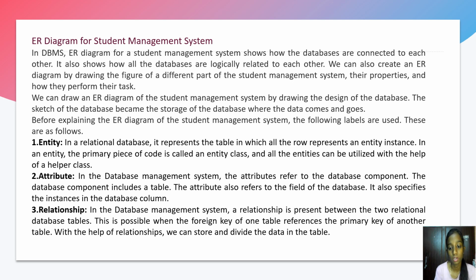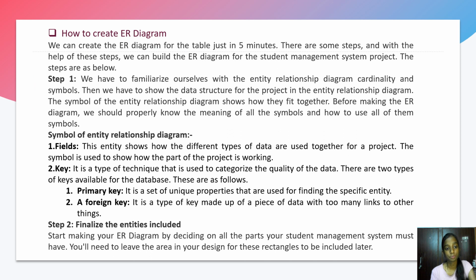An attribute also refers to a field of the database, and it also specifies an instance of a database column. Relationship. In a database system, a relationship is present between two relational database tables. This is possible when the foreign key of one table references the primary key of another table. With the help of relationships, we can store and divide the data in the tables.